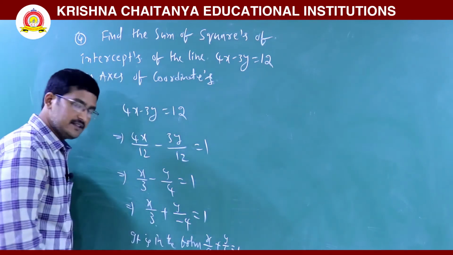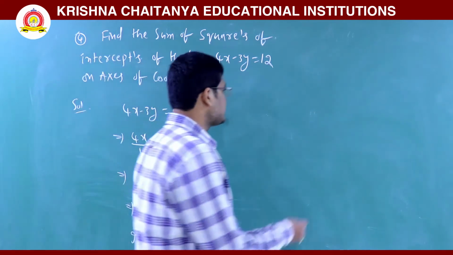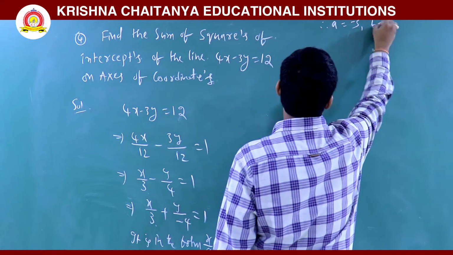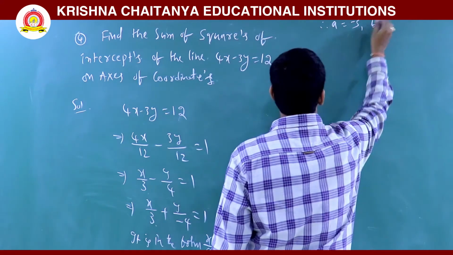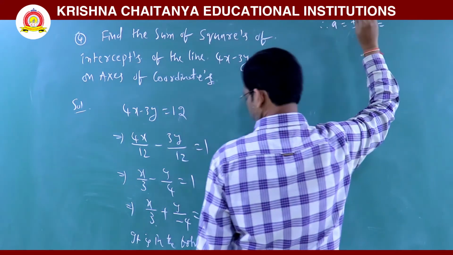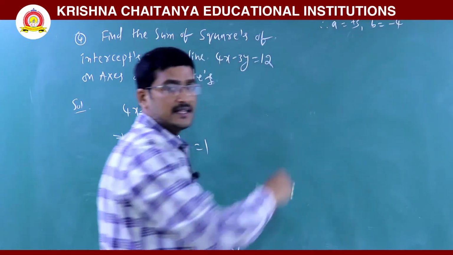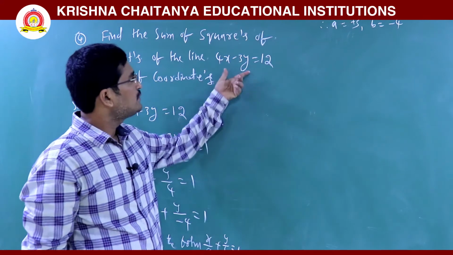So what is a? 3. What is b? Minus 4. So a is equal to plus 3, b is equal to minus 4.